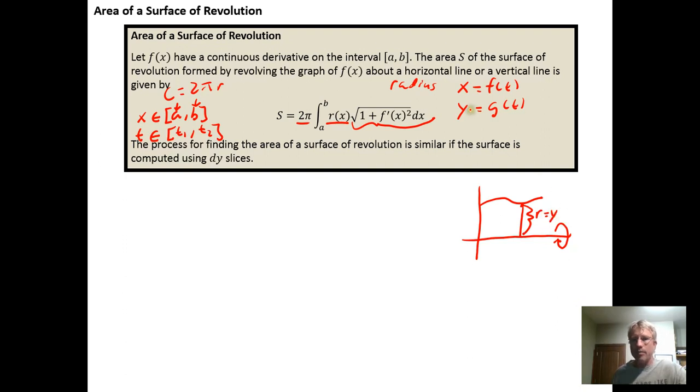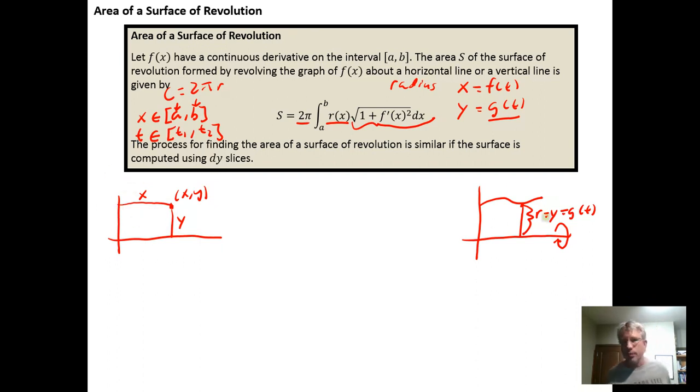If y is equal to g of t, that means the radius is g of t. It's a key thing to keep in mind that when you have an ordered pair xy, the y is always just the distance from the x-axis, and the x-coordinate always tells you the distance with respect to the y-axis. So we take advantage of that.